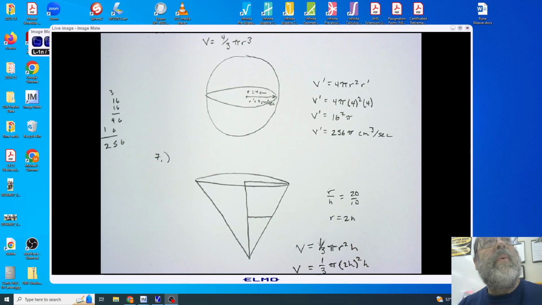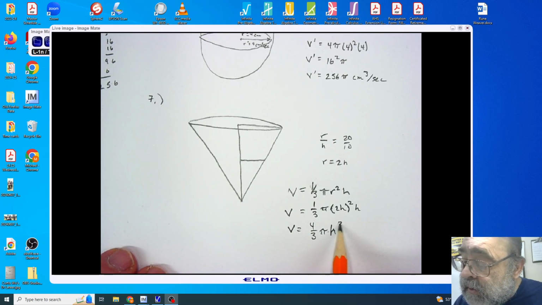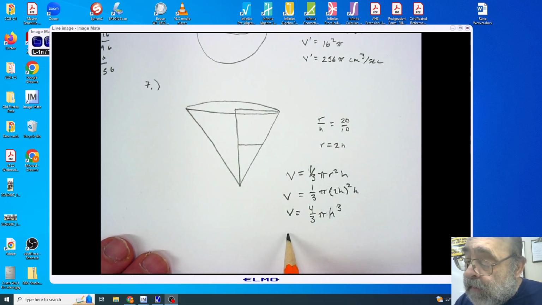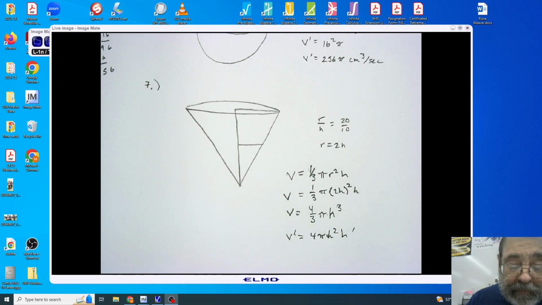So volume is equal to 4/3 pi h cubed. So I can now find volume prime is equal to 4 pi h squared h prime.